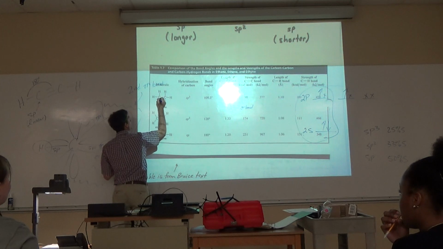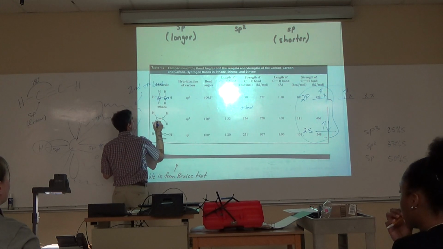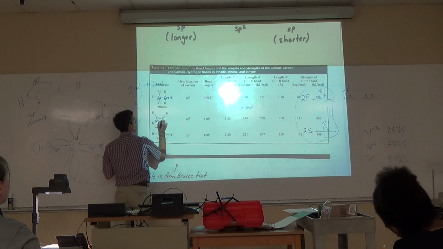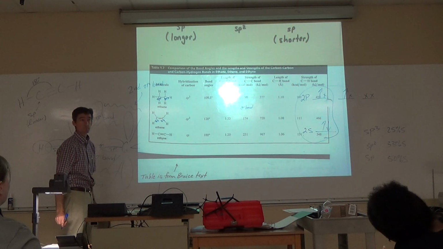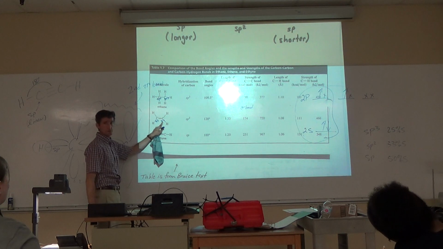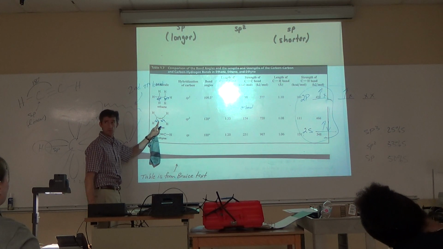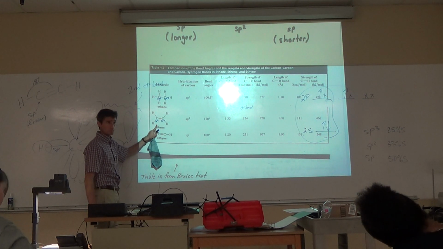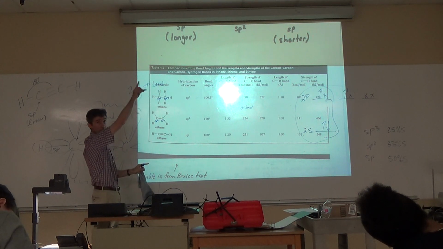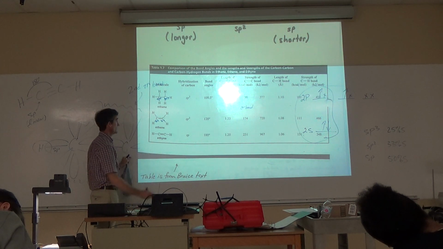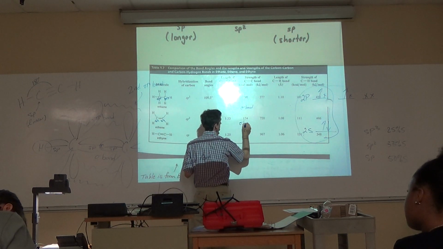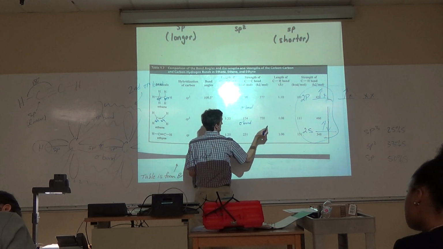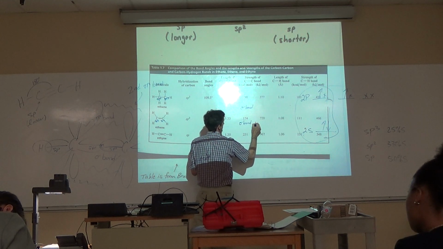Okay, this is sp3, sp3. This is sp2, sp2. Which one's going to make a stronger sigma bond? Right? Stronger sigma bond. It's using lower energy orbitals. Isn't that what we said above? Stronger sigma bond. The sigma bond down here, maybe it's 100.